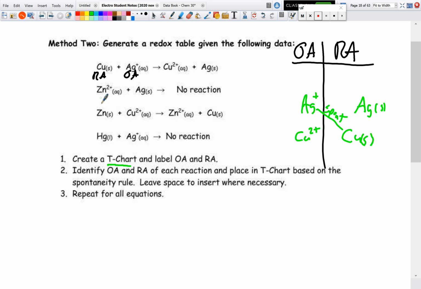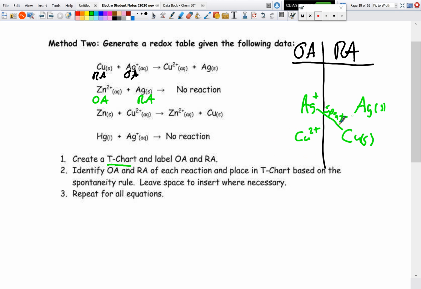Now my next one we have right here is zinc 2 plus and silver solid, so I know silver solid is my reducing agent, which makes zinc my oxidizing agent, and I already have it over here. Now, no reactions. So that means my reducing agent is above my oxidizing agent. So that means zinc is going to be somewhere down here.